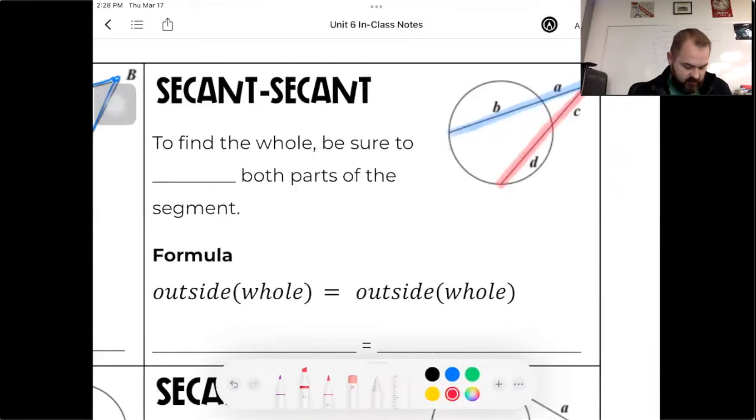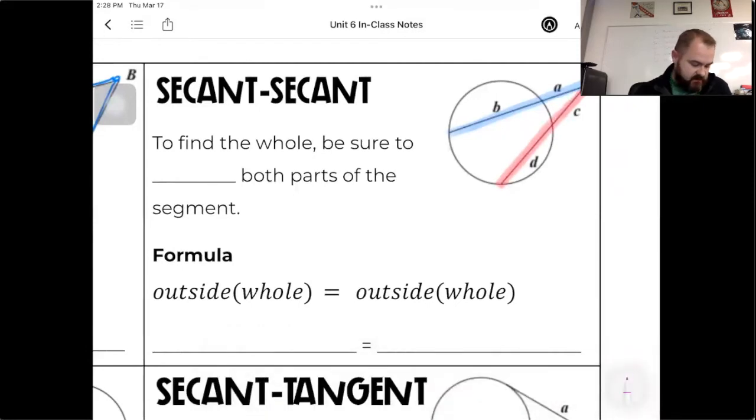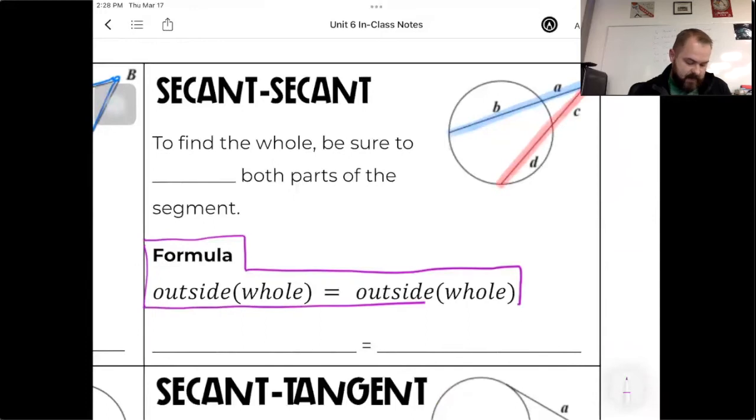Now, this formula uses outside times whole equals outside times whole. When it says the word whole there, that means the entire secant segment that I have, the inside and outside part together. To find the whole amount, be sure to add both parts of the segment.